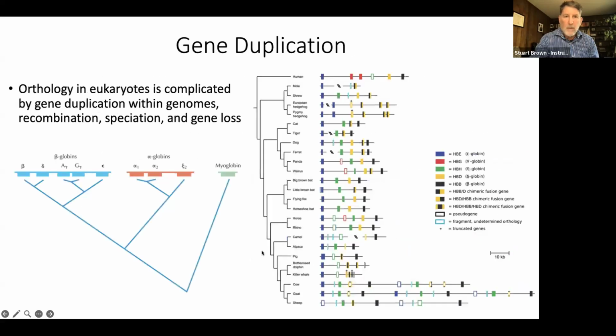This idea of same gene in another species is complicated in eukaryotes due to gene duplication within genomes. So you can have multiple copies of a gene. There can be recombination so that parts of one gene can combine with parts of another.